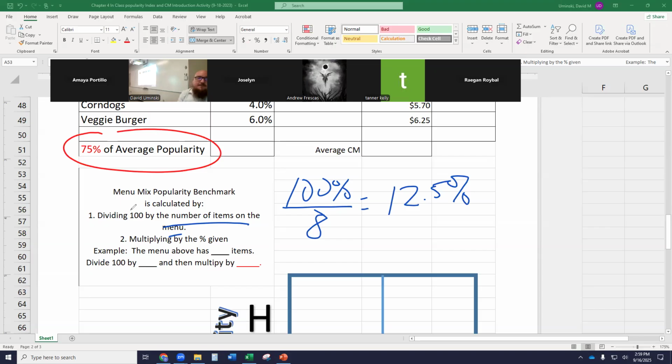Just give me just 1 second. Okay. So they want to figure out this percentage of the average popularity. And so to do that, our second step here is to multiply by the given percentage. Okay. So we multiply 0.75. When we multiply 12.5 times 0.75, what do we get?